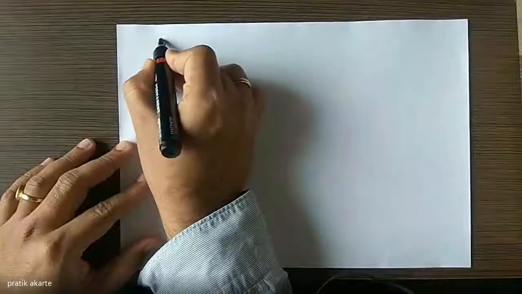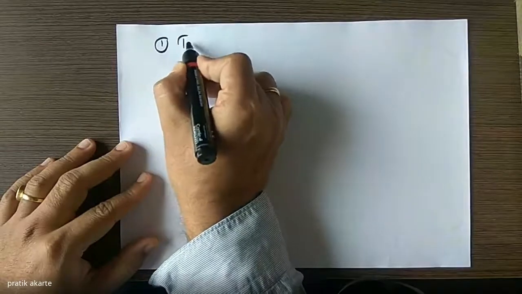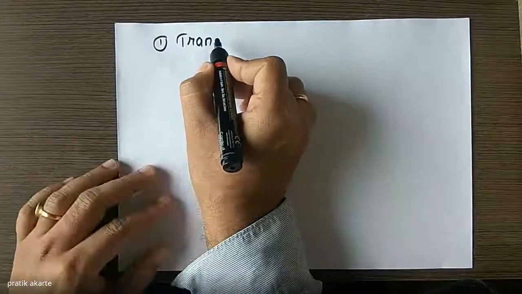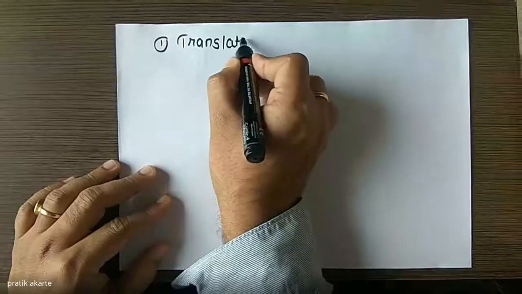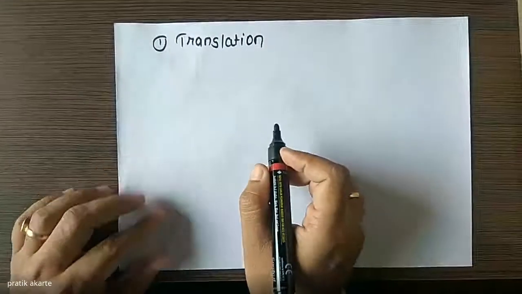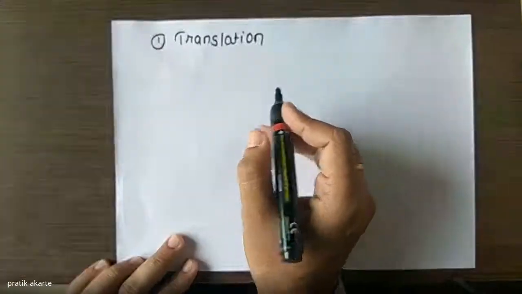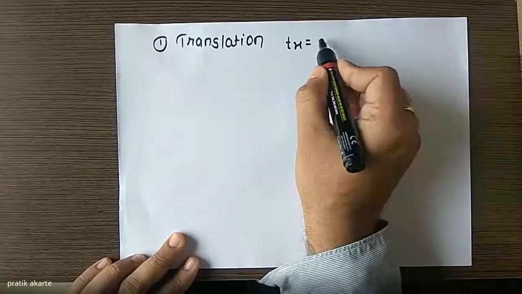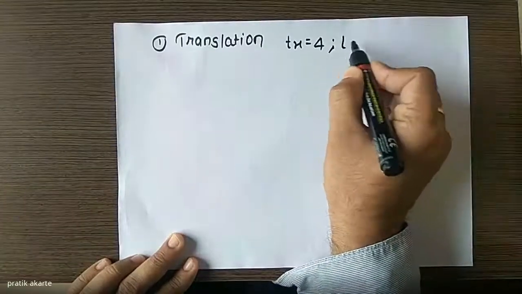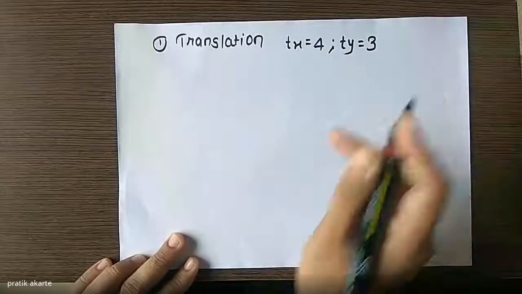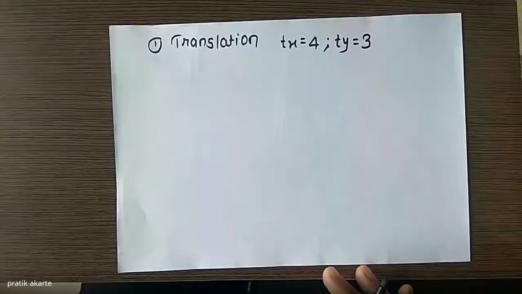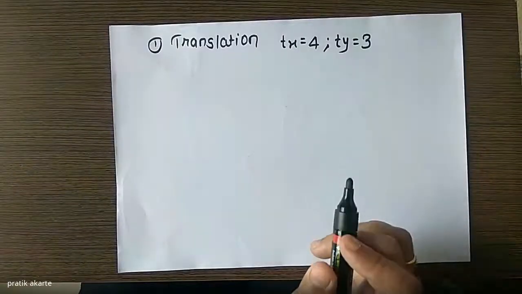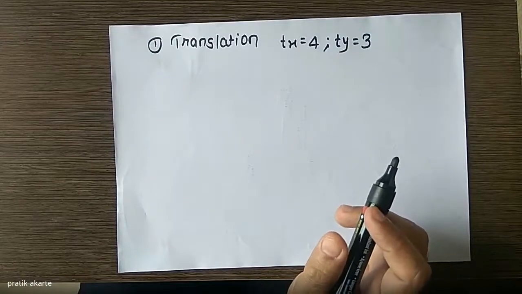So the first transformation is your translation. In translation, they have given us the values of Tx as 4 and Ty as 3, because if you read the sentence, translate through 4 and 3 units along x and y axis. So along x axis, Tx is 4, along y axis, Ty is 3.